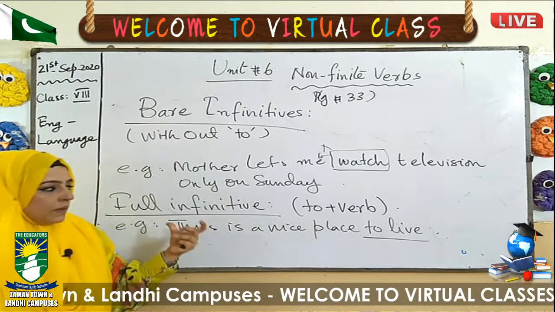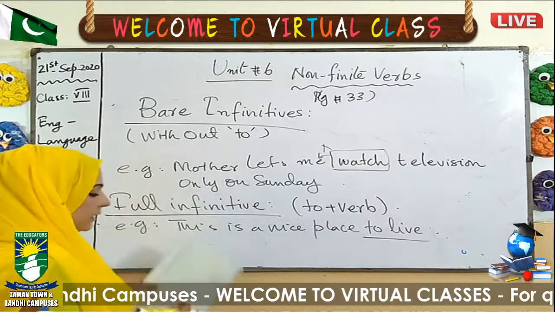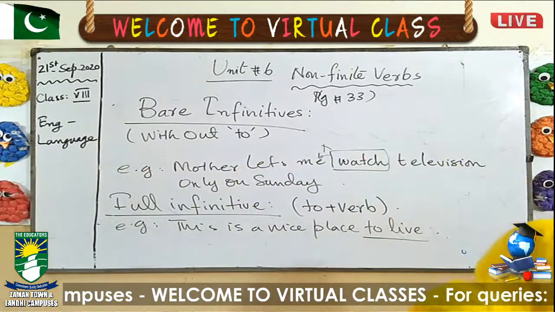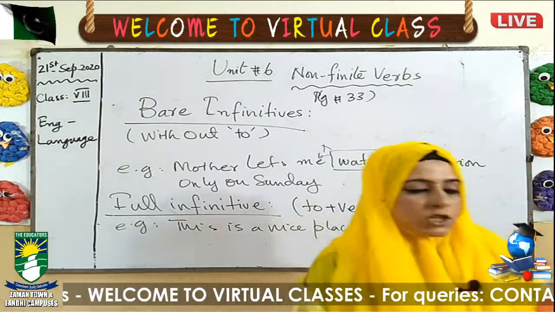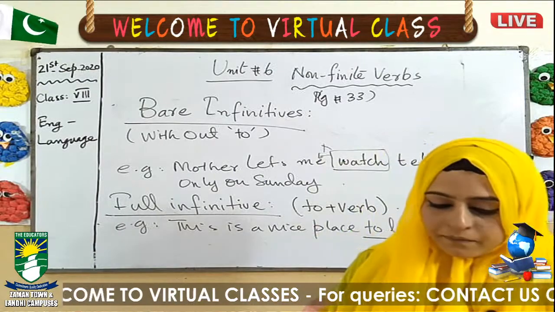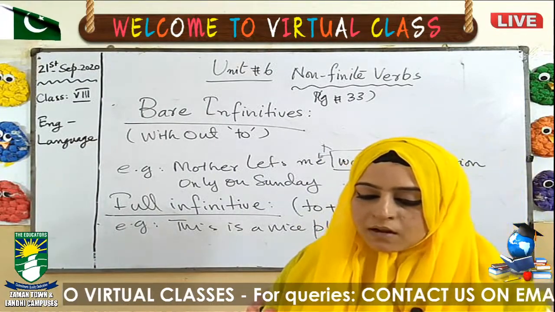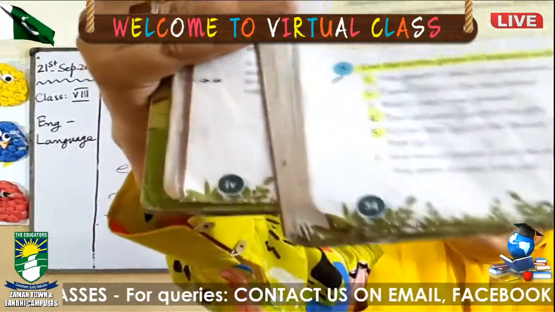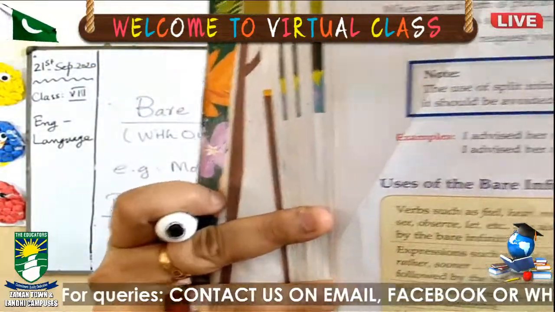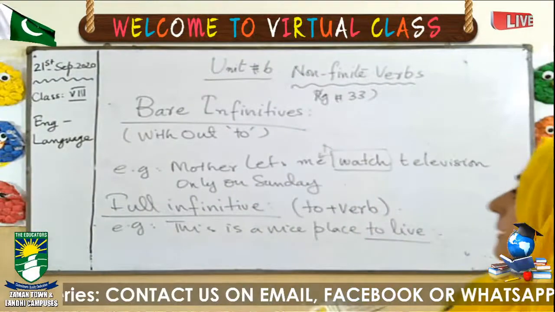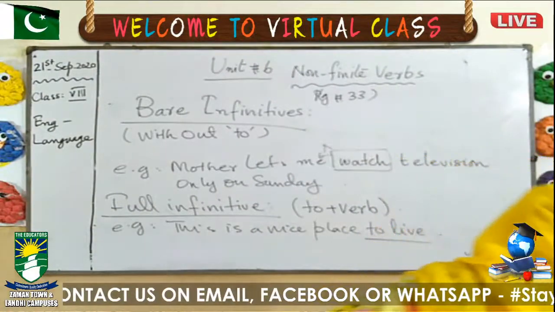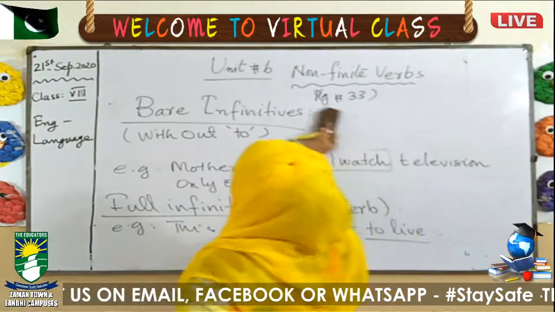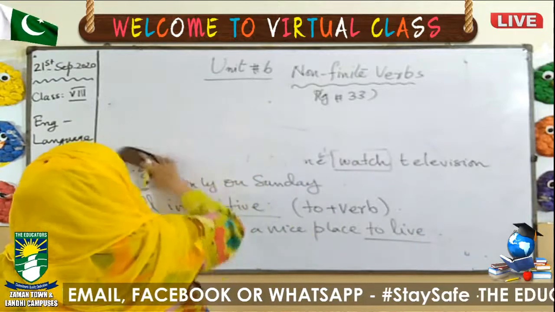Clear? Now we have another kind. Open page number 34 please, quickly. Page number 34, see this heading, and this one is split infinitive. How many kinds have we learned?